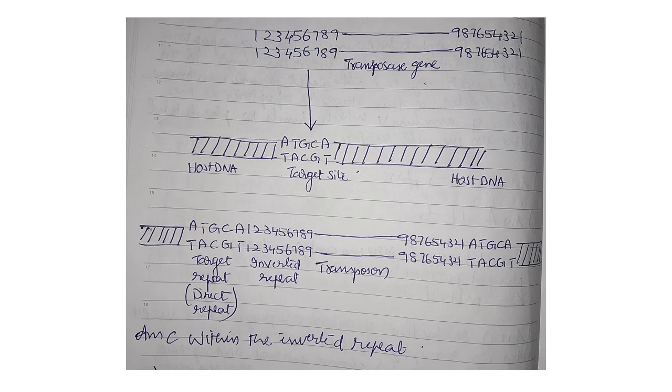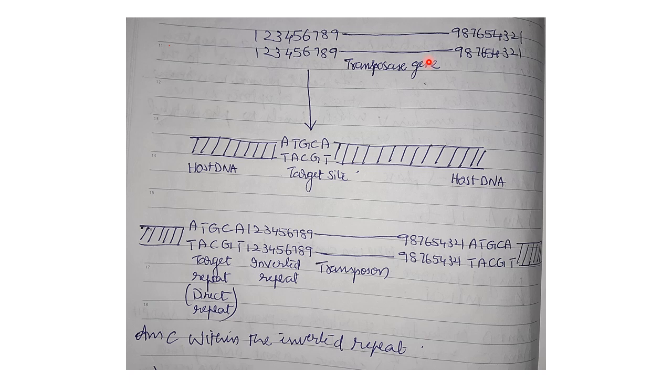So an IS element is a short DNA sequence that moves from one location to another. It has terminal inverted repeats, that is what is shown with numbers 1 2 3 4 5 6 7 8 9, 9 8 7 6 5 4 3 2 1. So that is an inverted repeat. One is read in the correct direction, 1 2 3 4, the other is the opposite way around, 9 8 7 6 5 4 3 2 1.